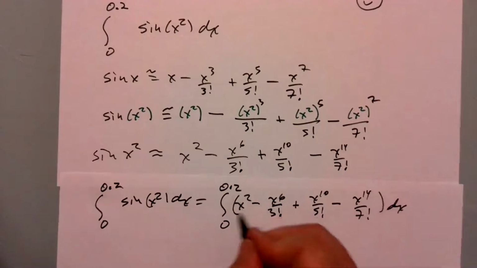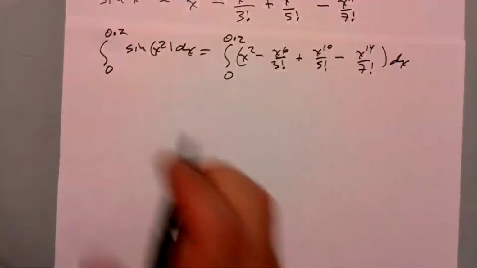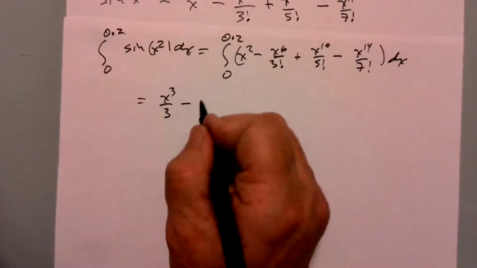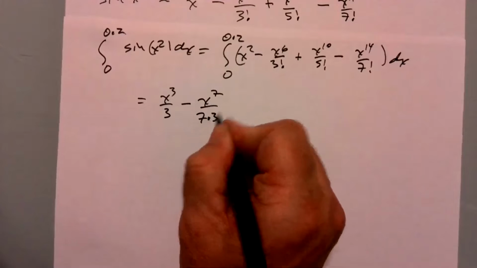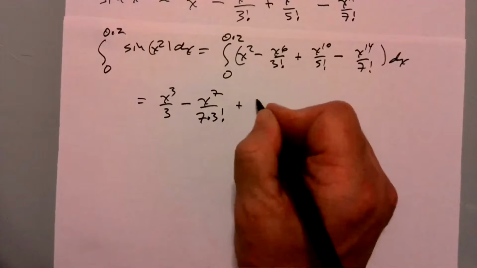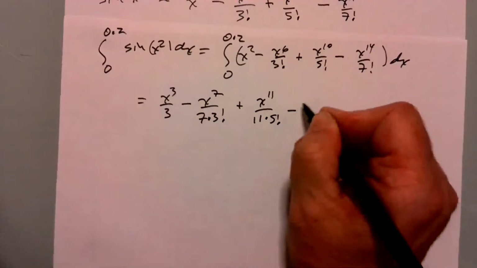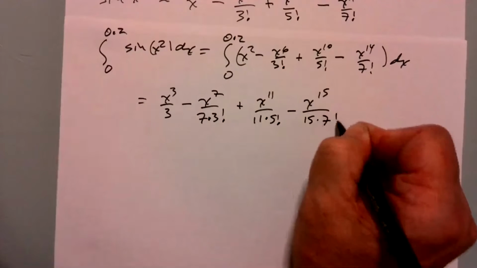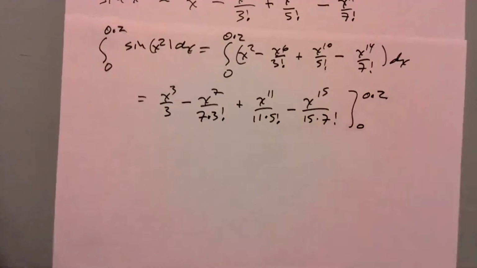I just want to see how close we get. That gives x cubed over 3 minus x to the 7th over 7 times 3 factorial plus x to the 11th over 11 times 5 factorial minus x to the 15th over 15 times 7 factorial, all from 0 to 0.2.